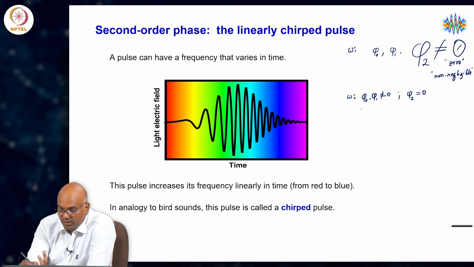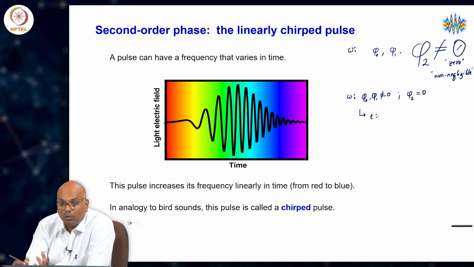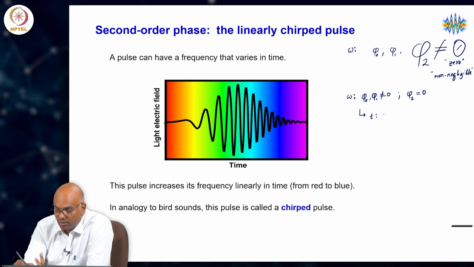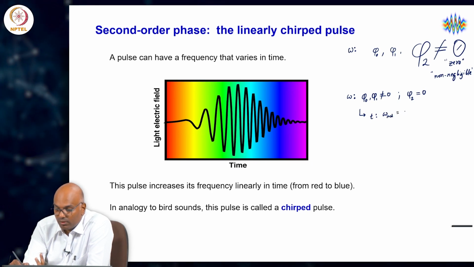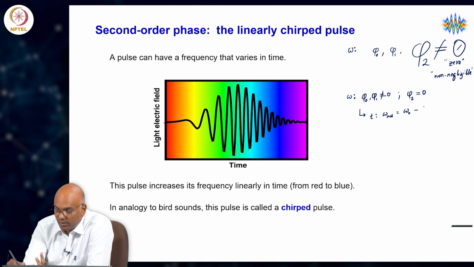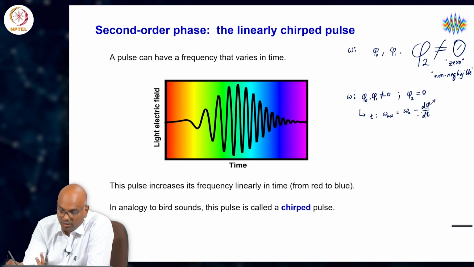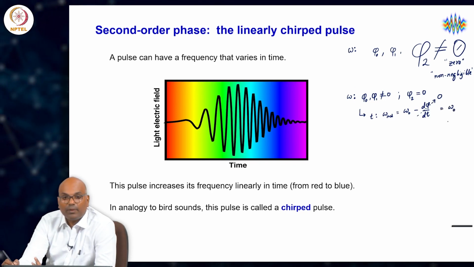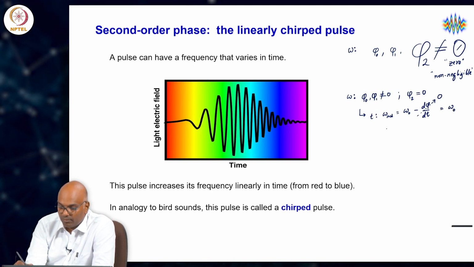So, in this case, in the time domain, this also meant that omega instantaneous was omega naught minus d phi by dt, which was 0. The carrier frequency remained constant in time.